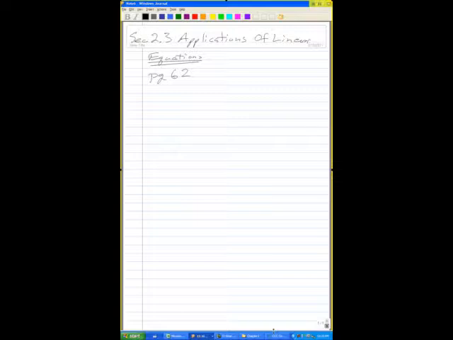Then check that the answers that you found, when you input them into your original words, solve the question as it was posed.